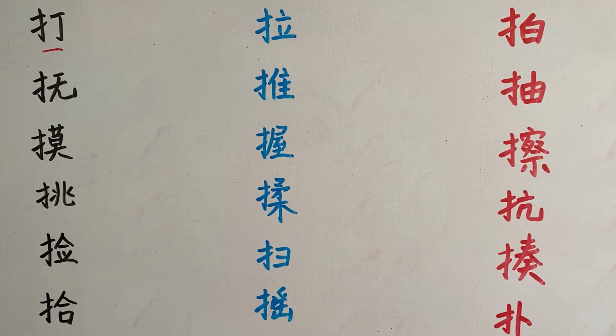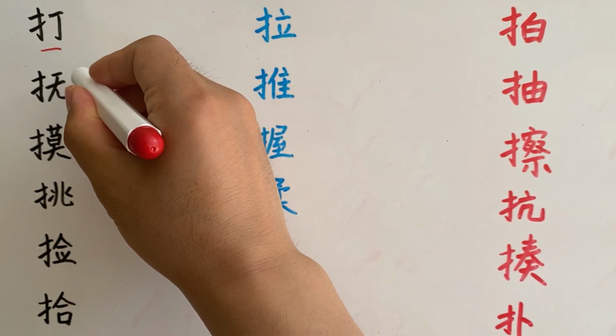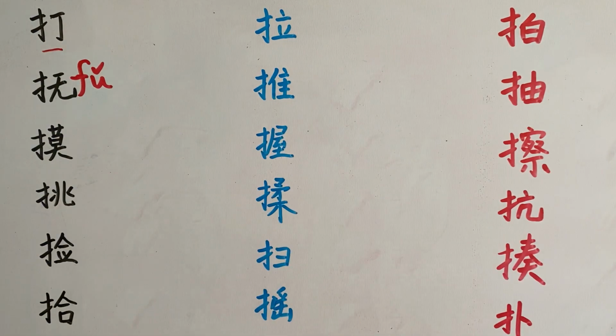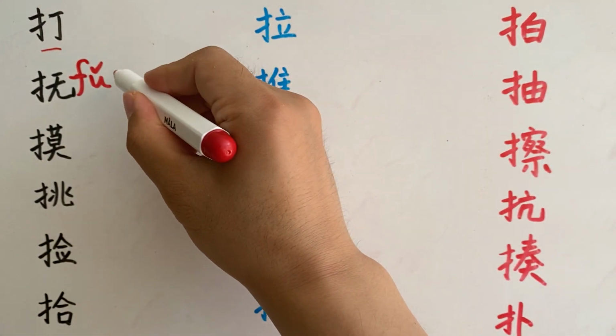So the second one, 抚. Chinese pinyin, 抚. It means to cuddle, to gently touch. It's written like this.